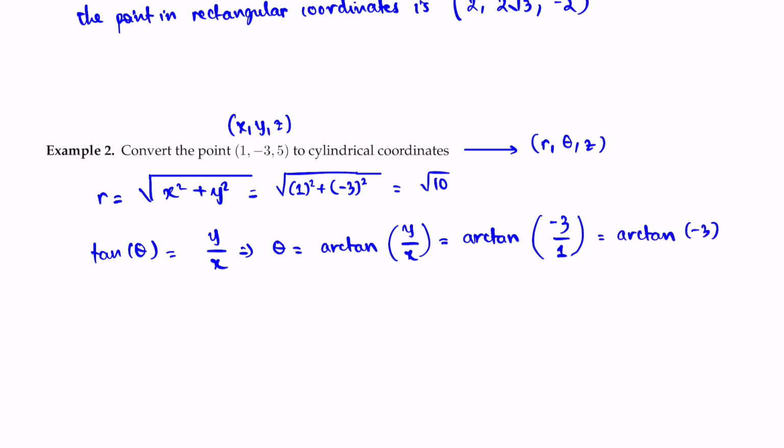Because x is a positive number and y is a negative number, the point 1, negative 3 is in the fourth quadrant on the xy plane. So theta has to be in the fourth quadrant on the xy plane. And again, z is just equal to z, or equal to 5 for that matter.